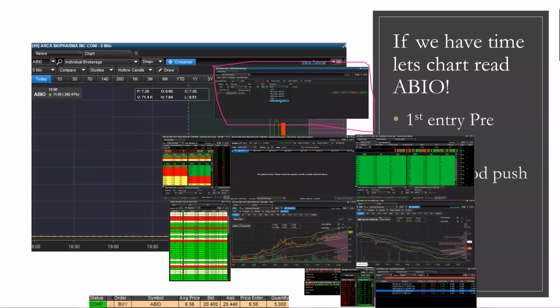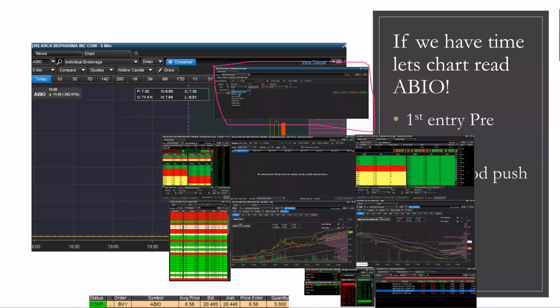That's pre-market and after hours. So do you see how it says auto extended hours? You'd have to put that in, and you've got to do a limit order. It's not going to let you do a market order. As soon as I switch it to market, it takes it away. So that's the other thing about trading in pre-market is you've got to use limit orders.